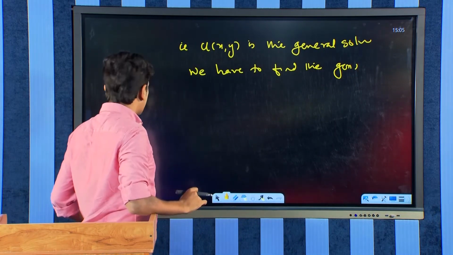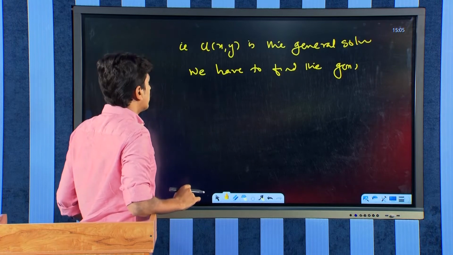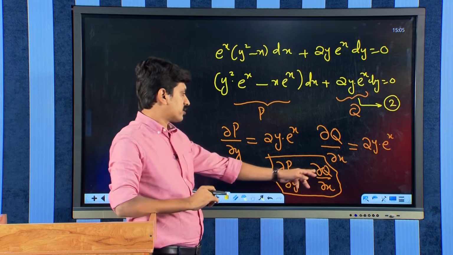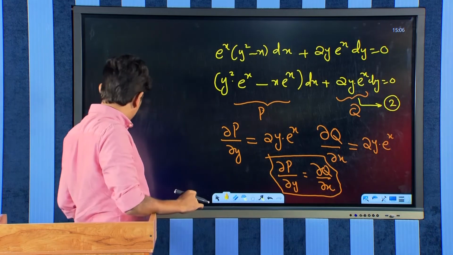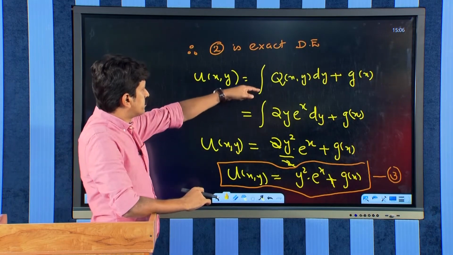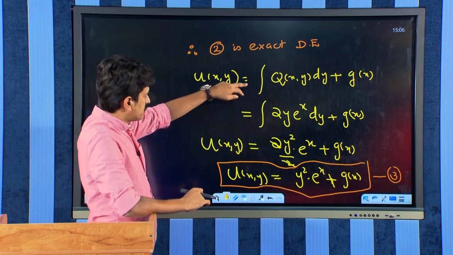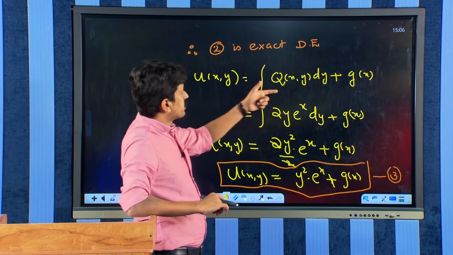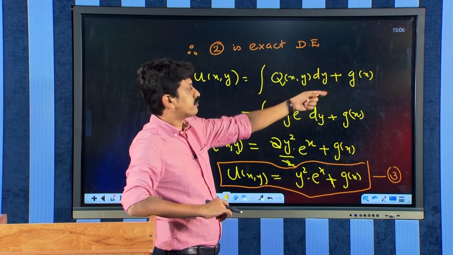So, dear students, as we discussed before, dou p by dou y is equal to dou q by dou x, and here we used u of x y equal to the integral of q of x y dy plus g of x.